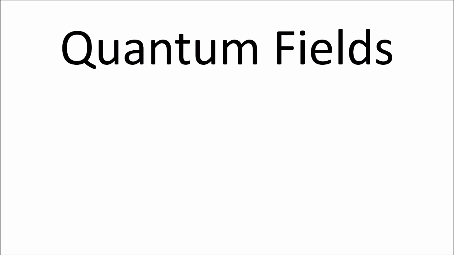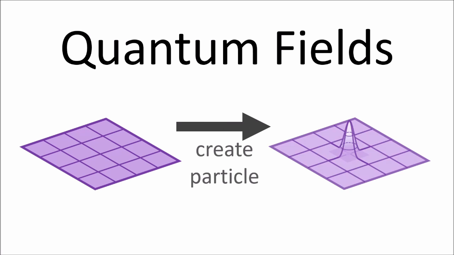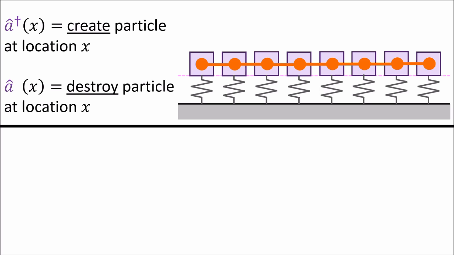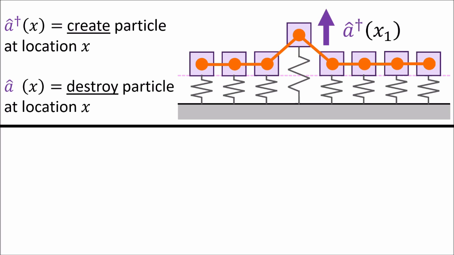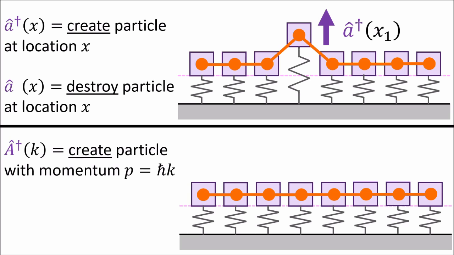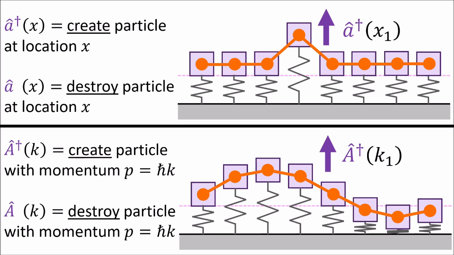Now remember, in quantum field theory, we interpret particles as excitations in a field. The small a ladder operators allow us to create and destroy particles at a specific position. And the big A ladder operators allow us to create and destroy particles with a specific momentum.